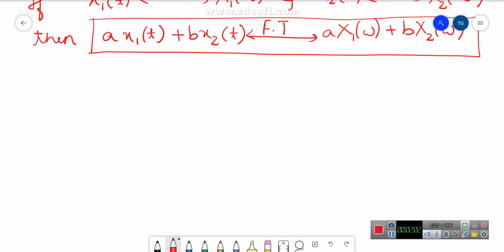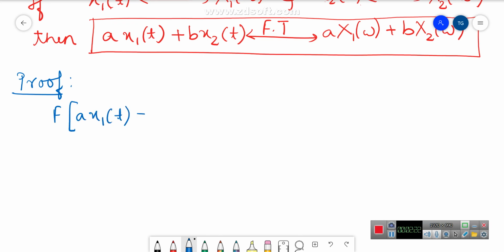Using the definition of Fourier transform, whatever we have in the time domain, we have to write it down here.